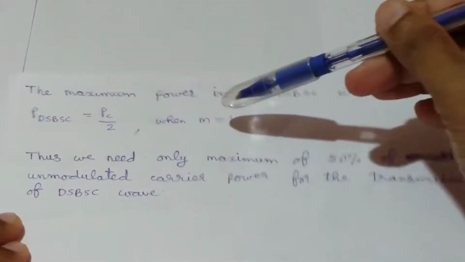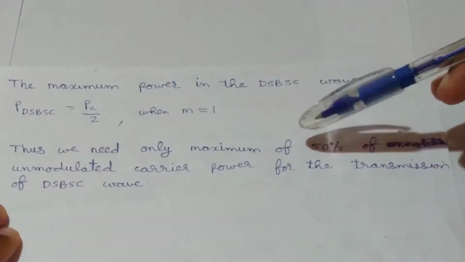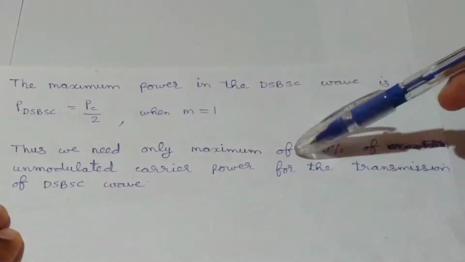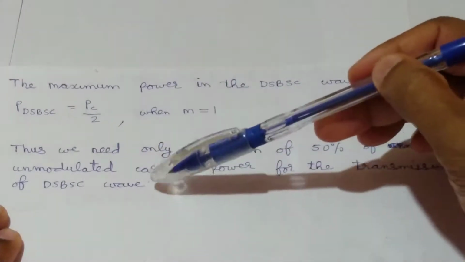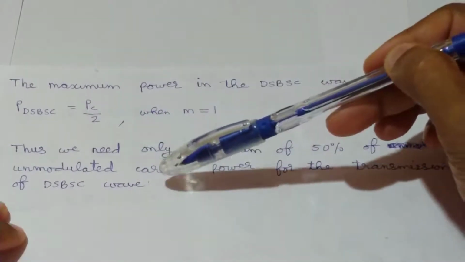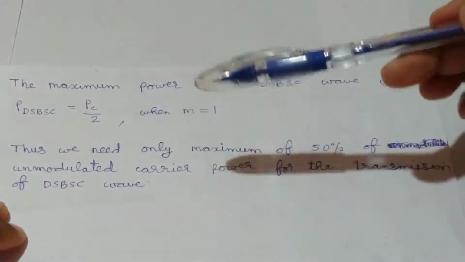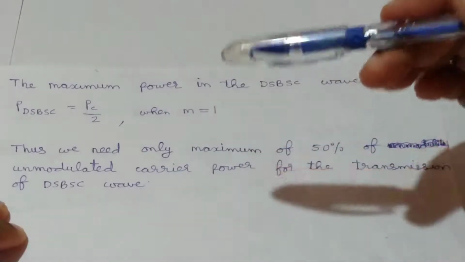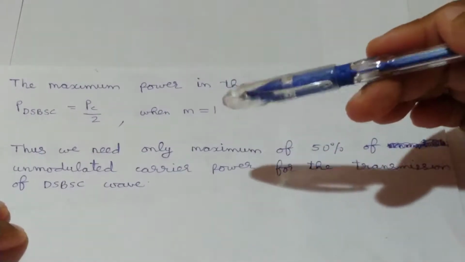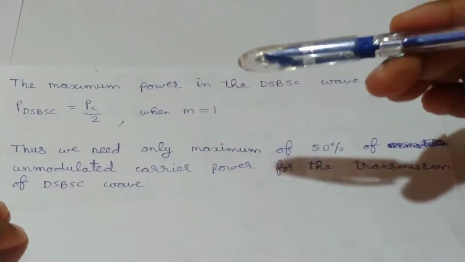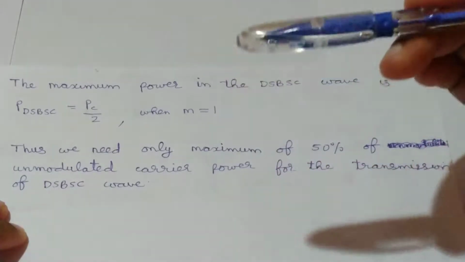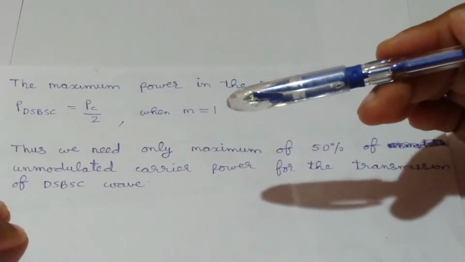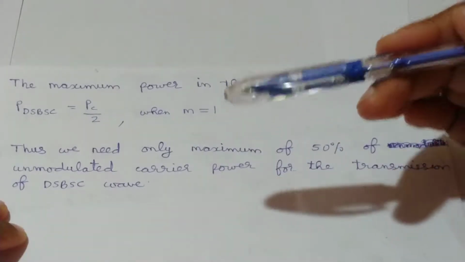From this equation it is clear that we need only a maximum of 50% of unmodulated carrier power for the transmission of DSB-SC wave. And this is correct also, because in our basic AM wave, 2/3 of the total power is utilized by the carrier component alone and the remaining 1/3 by both of the sidebands. And this 1/3 constitutes 50% of unmodulated carrier power.